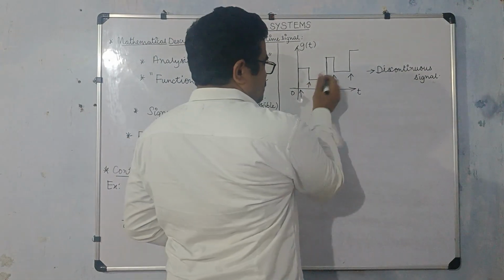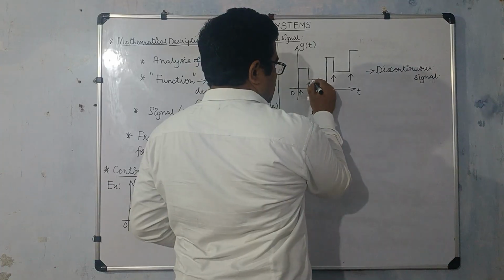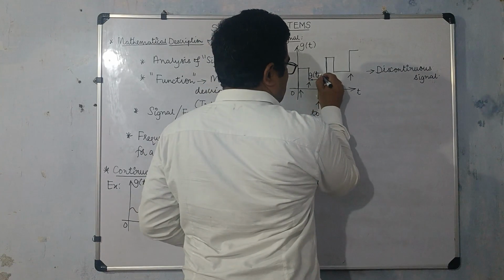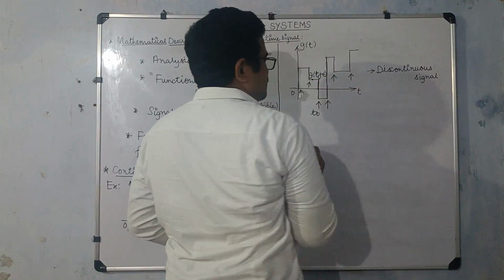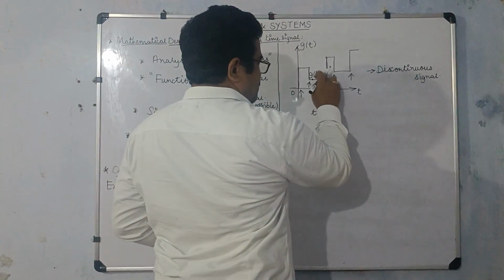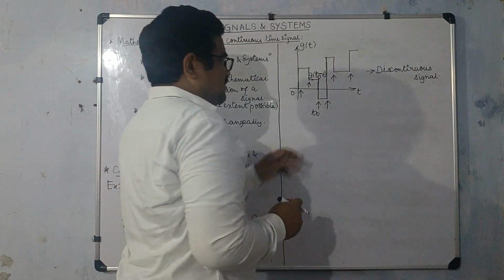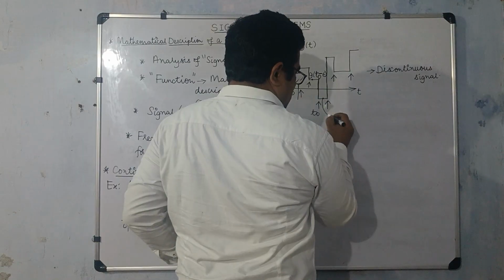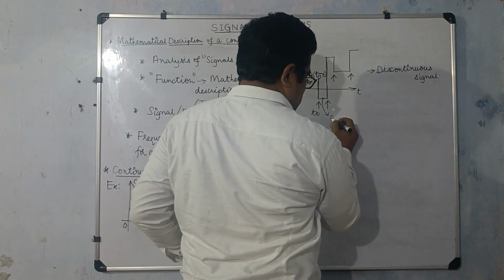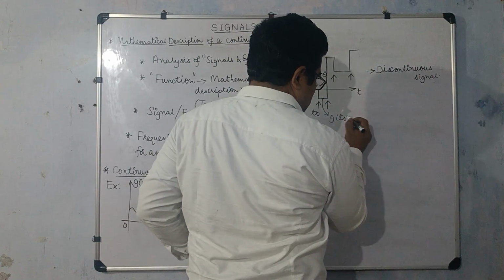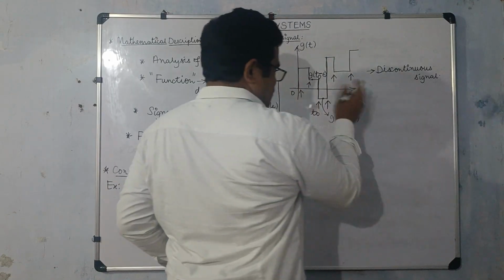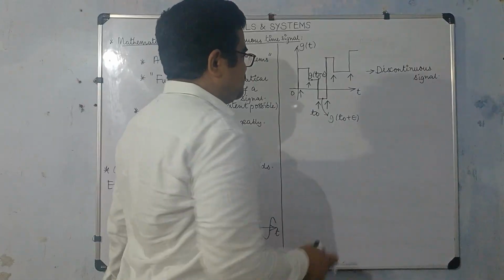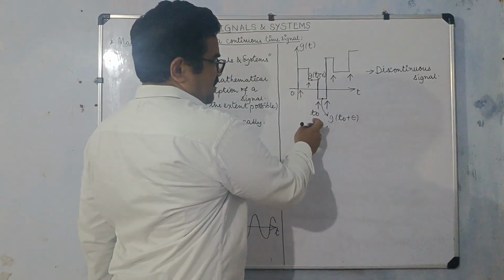Just before t naught, I represent the signal as g of t naught minus epsilon, and after t naught, I represent the signal as g of t naught plus epsilon, that is epsilon time after t naught.